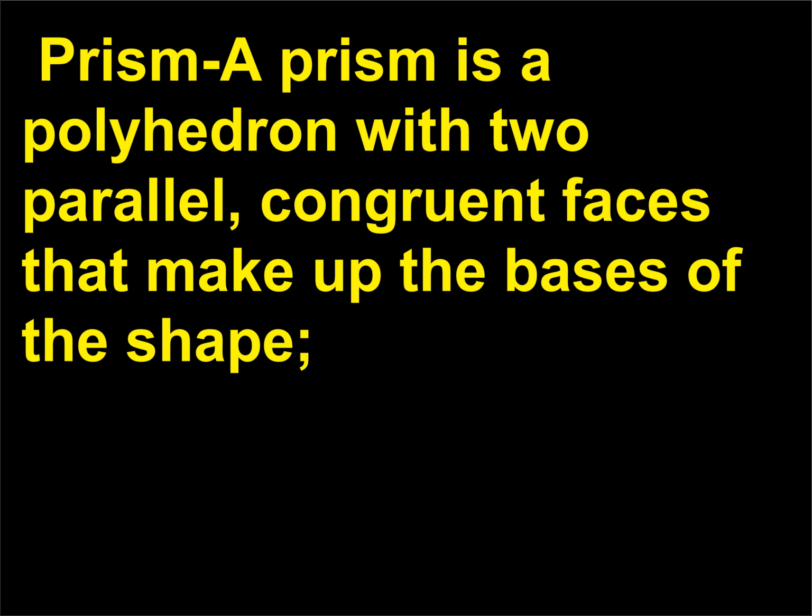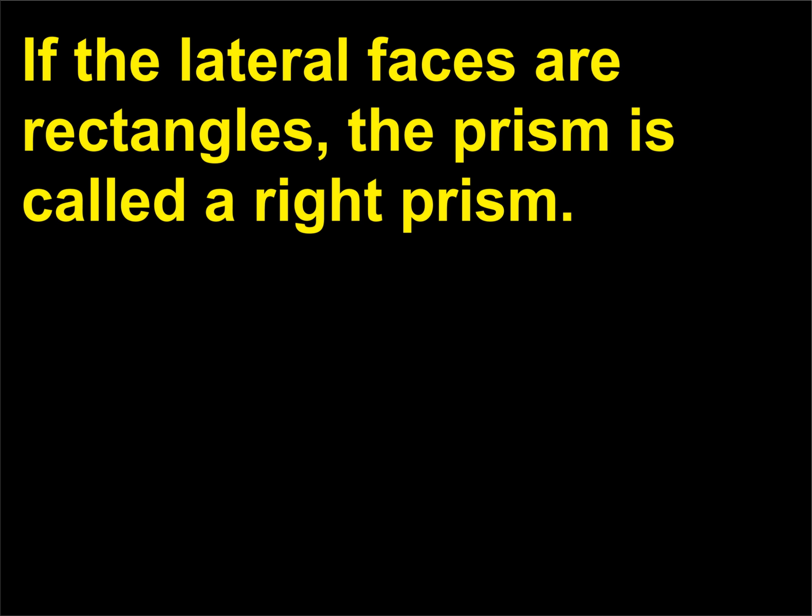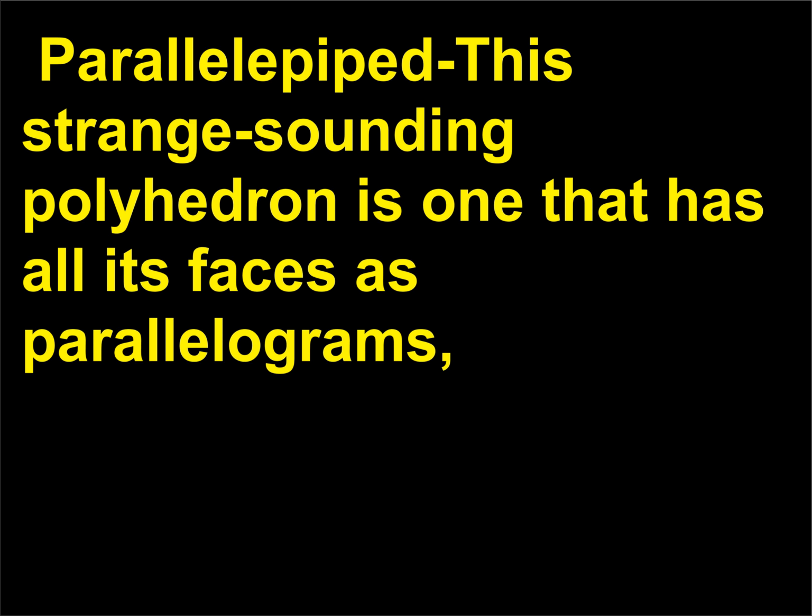Prism. A prism is a polyhedron with two parallel, congruent faces that make up the bases of the shape. The other, lateral faces are considered to be parallelograms. If the lateral faces are rectangles, the prism is called a right prism. Parallelepiped.